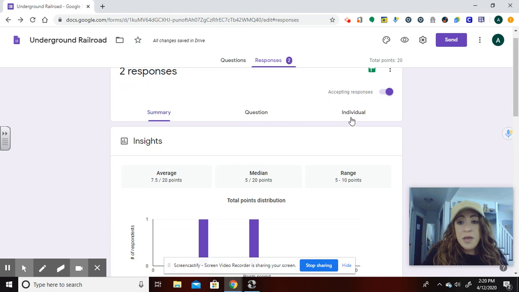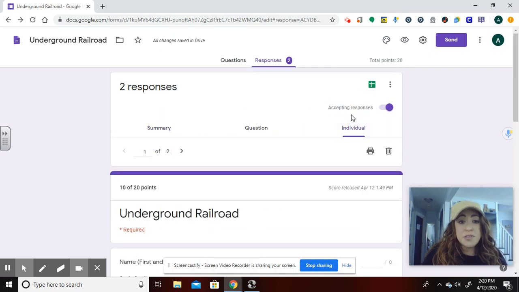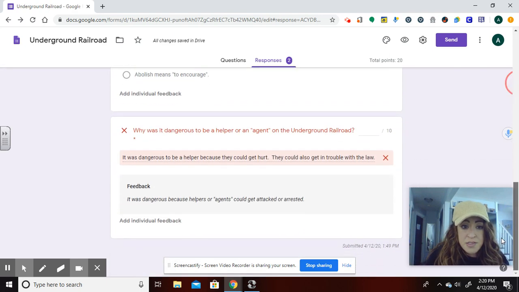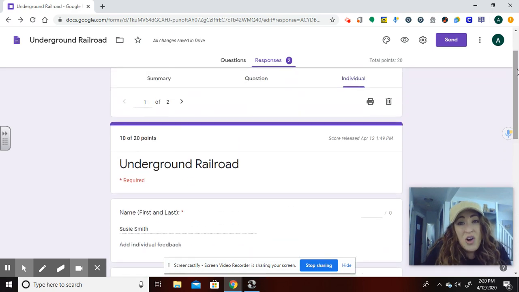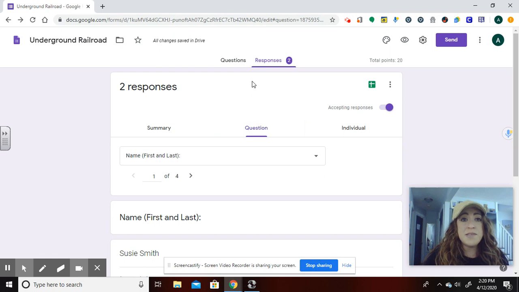A lot of people make the mistake of clicking on individual, saying, all right, it's time to grade, and I'm going to grade each of these individually. Well, because Google does the hard stuff for me for the multiple choice or checkbox questions, I go by question, which basically means that for the first question, I see the first question and all of my students' answers.